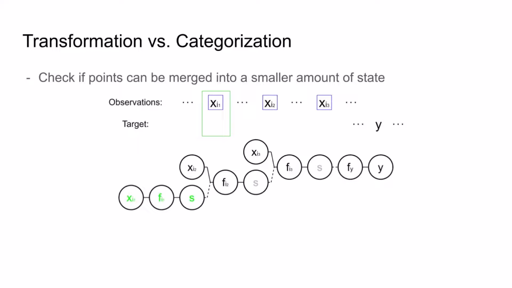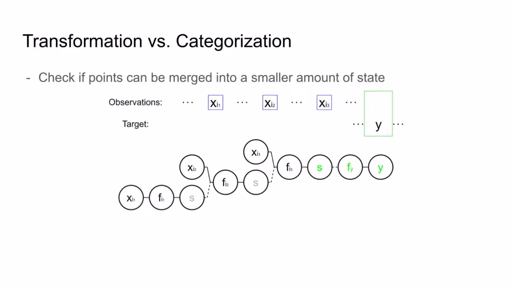At the first relevant time step, we'll learn a relation that transforms the selected points into the initial state. Then at each following relevant time step, we'll learn additional relations that take in the selected points and the current state as input and modify the state further. Finally, when it comes time to deciding the output, we'll learn one final relation that determines the output based on the current state we've arrived at from the previous steps.